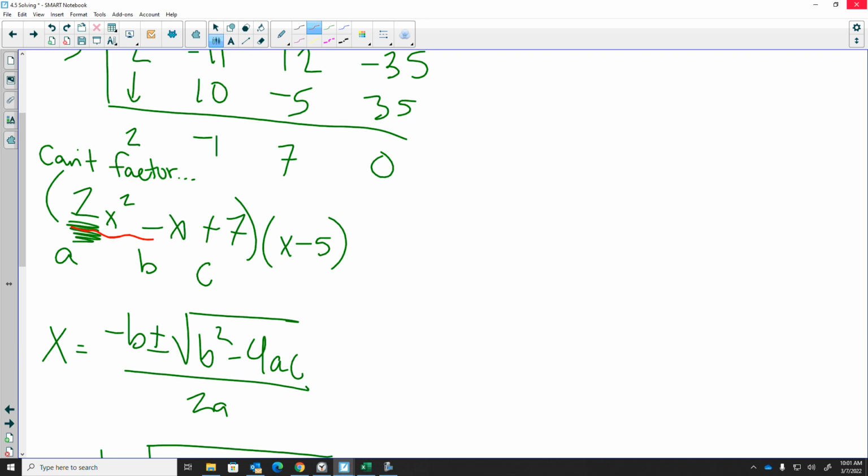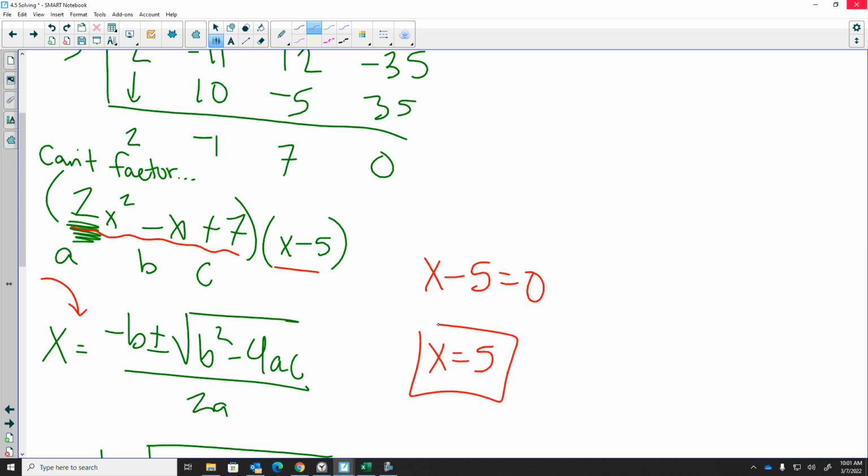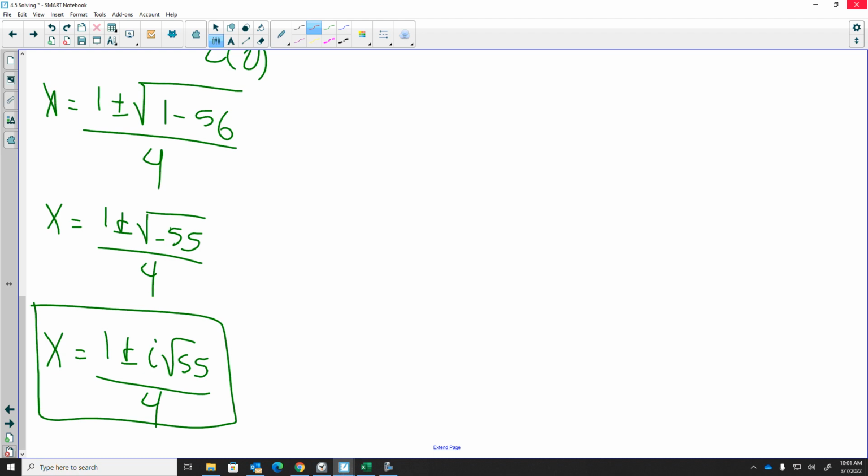But this piece, I can just do x minus 5 equals 0, solve it, we get x equals 5. So that means I have 3 solutions, 3 x-intercepts. They are this thing, because remember, plus and minus counts as 2, and x equals 5. Those are my solutions.